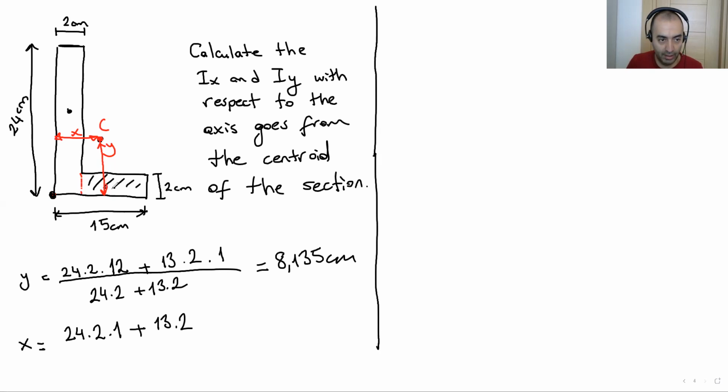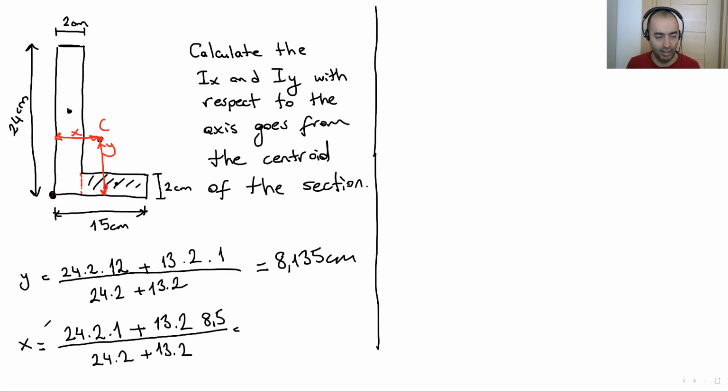This point is this line actually. The center point is here. Half of that one is 6.5 plus 2, 8.5 over total area. I think you know how to calculate centroid.